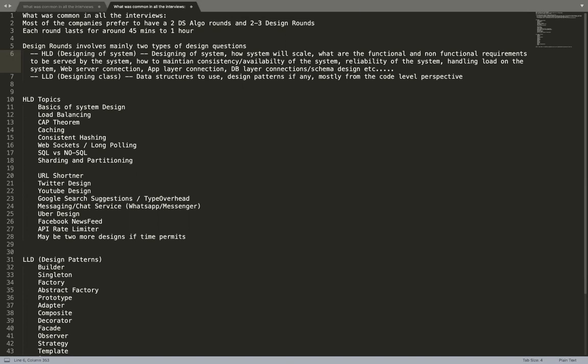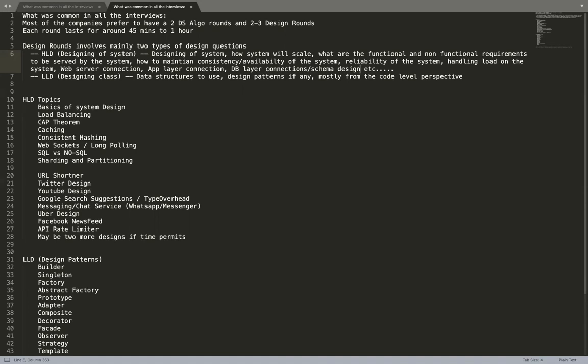In HLD, what they'll ask is how much QPS your system can handle, what time it will take to return the response, and how you will design your system, whether it will be a relational database, so basically SQL database, or NoSQL database. All those things will come under HLD.